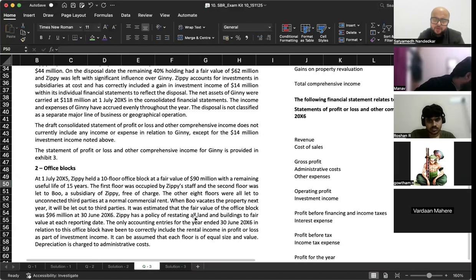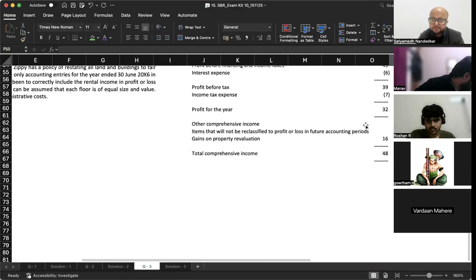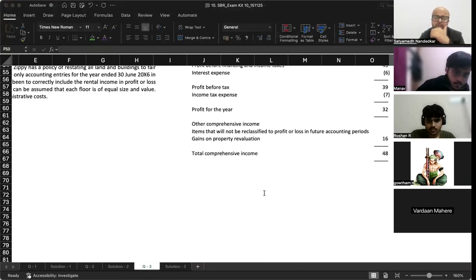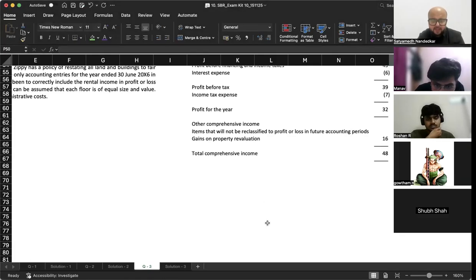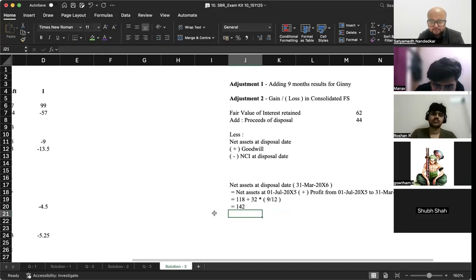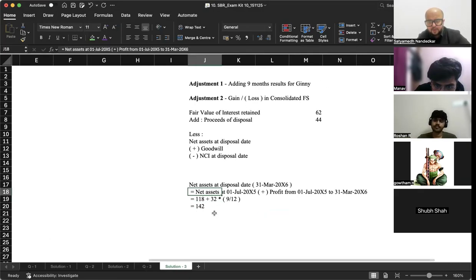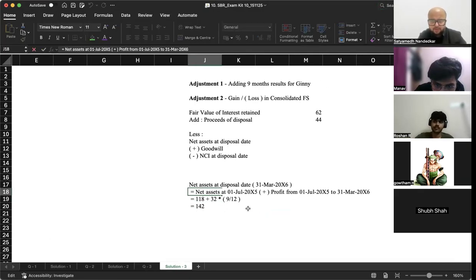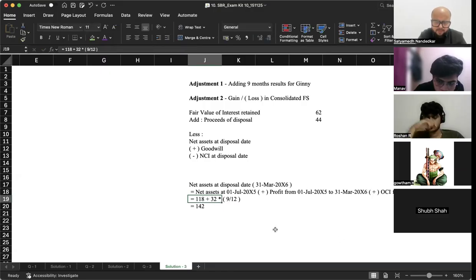Should you also add the OCI share? No sir. Sure? What is in OCI? Revaluation surplus, yes. The revaluation surplus is included, right? Oh correct, sorry sir, yes sir. So we'll have to add that, plus OCI for 9 months.